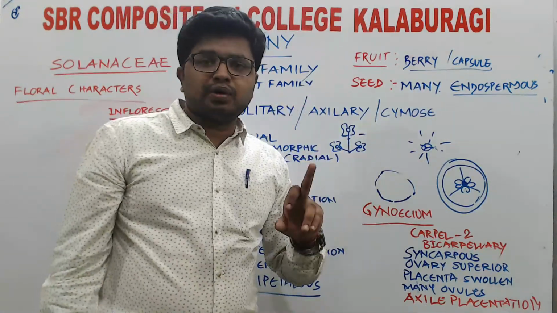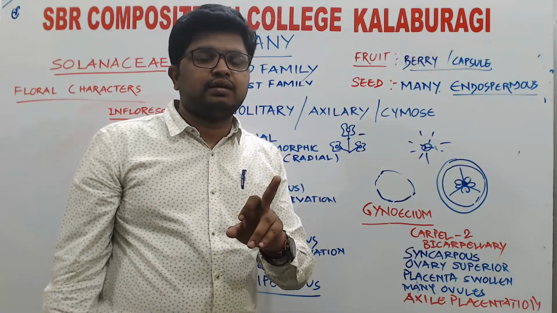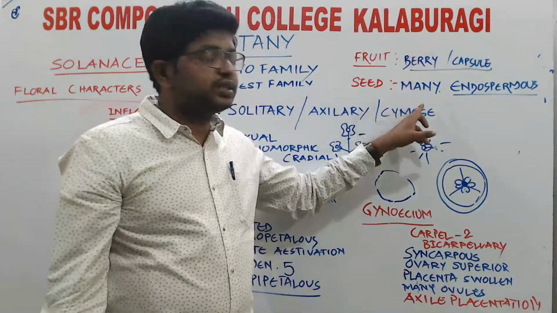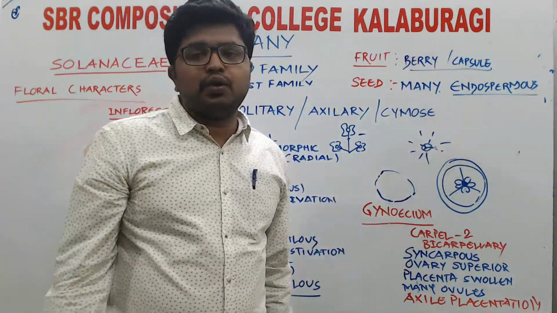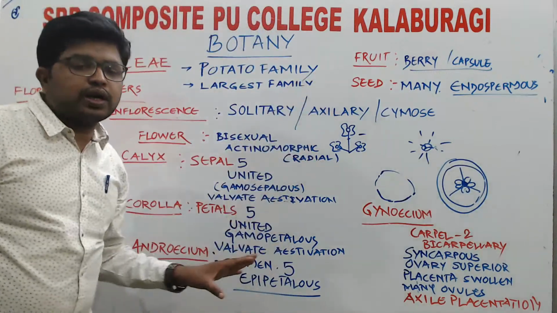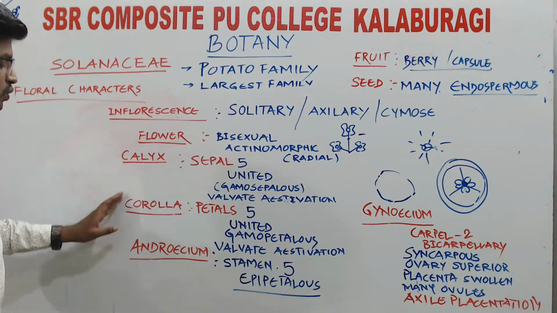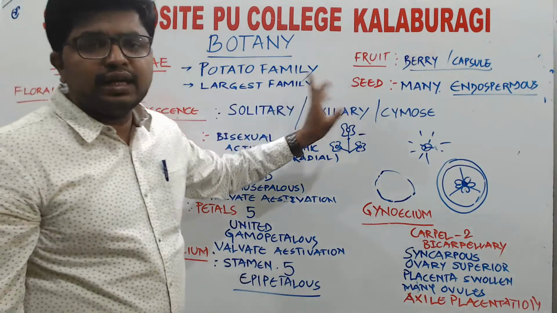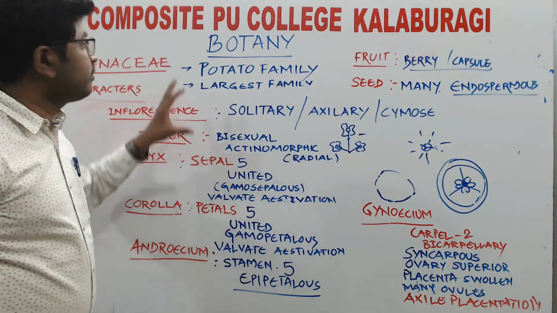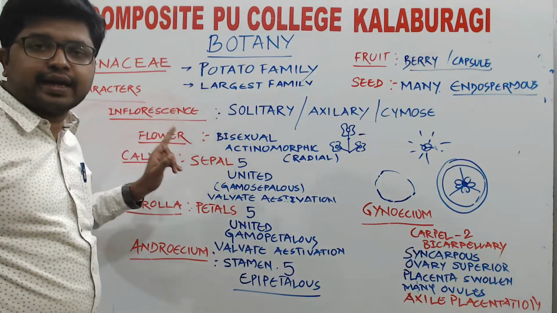But if the endosperm is present, if it has not been completely utilized, then such a seed we call endospermous. Remember this. So these are the floral characters. The floral characters include inflorescence, flower, calyx, corolla, androecium, fruit, and seed. You have to remember the characters specific for Solanaceae. Even for Liliaceae you will find different characters.